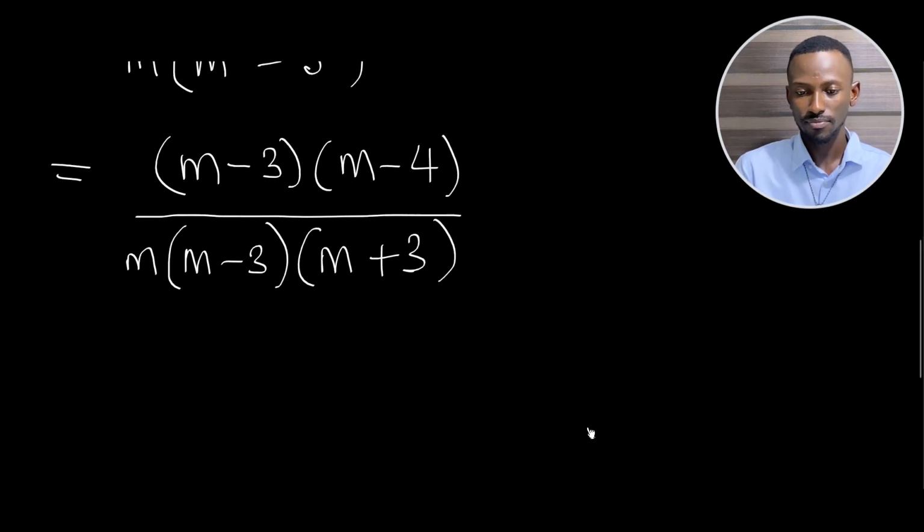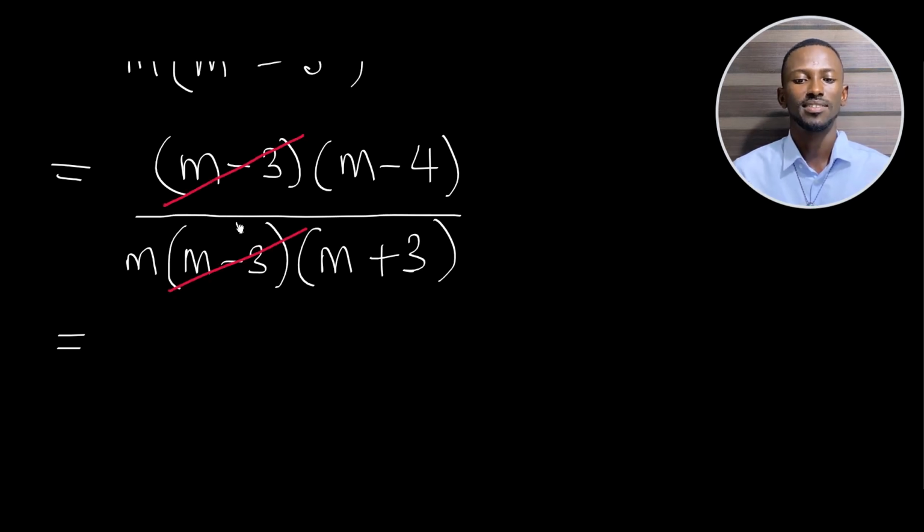Now the next thing we have to do is to cancel factors that are common. We have m minus 3 here and m minus 3 there, so this m minus 3 cancels that m minus 3.